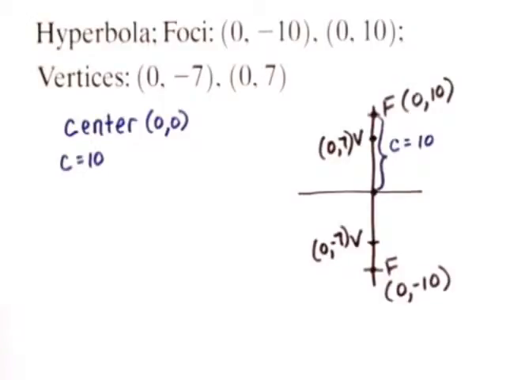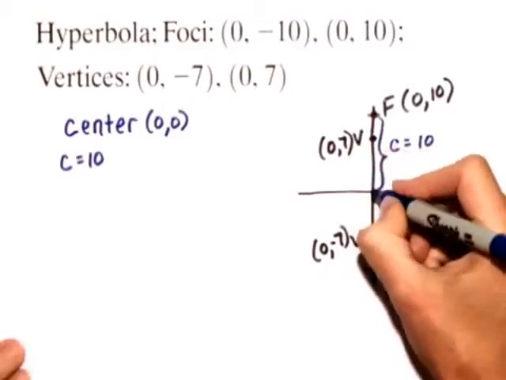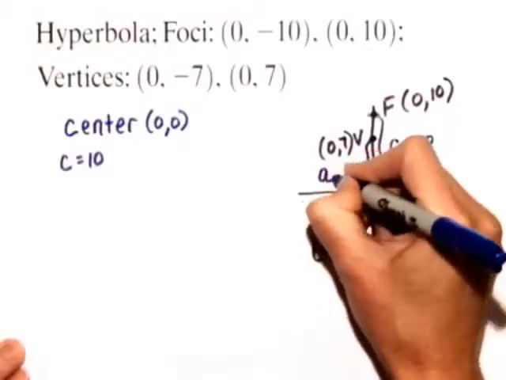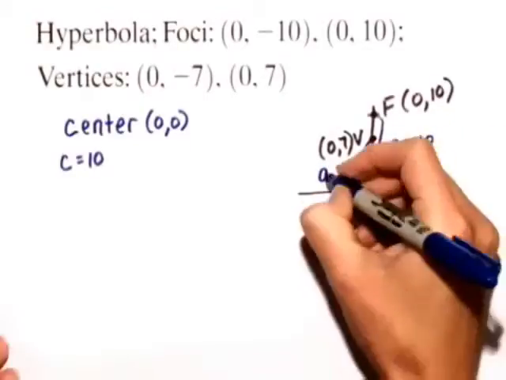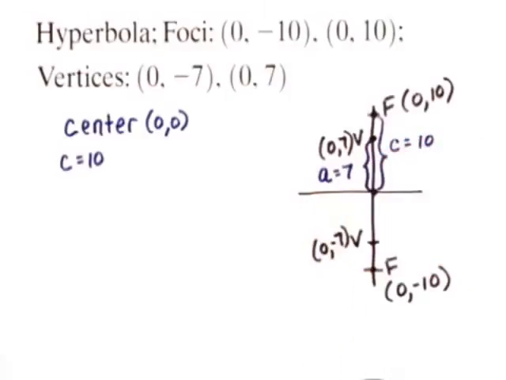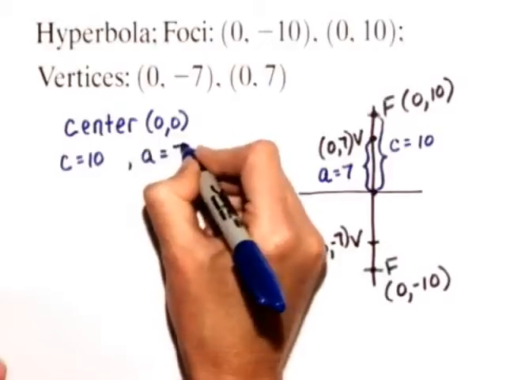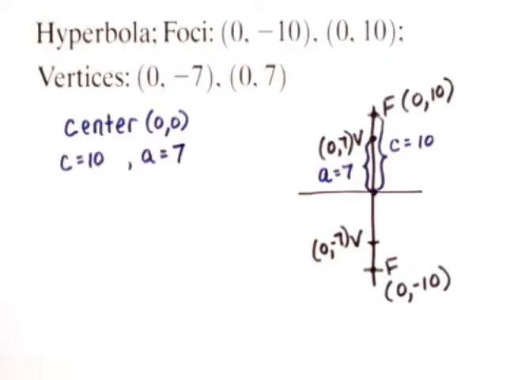So the vertex is 7 units from the center, and the vertex is denoted by a units. In this case, a is 7. So we have c is 10 and a is 7. Remember, for the standard form of a hyperbola, we also need b.